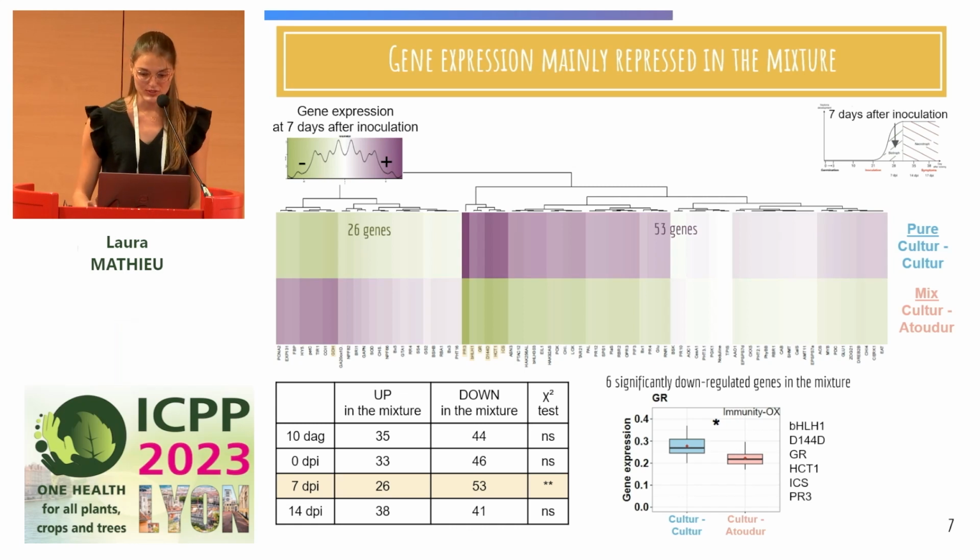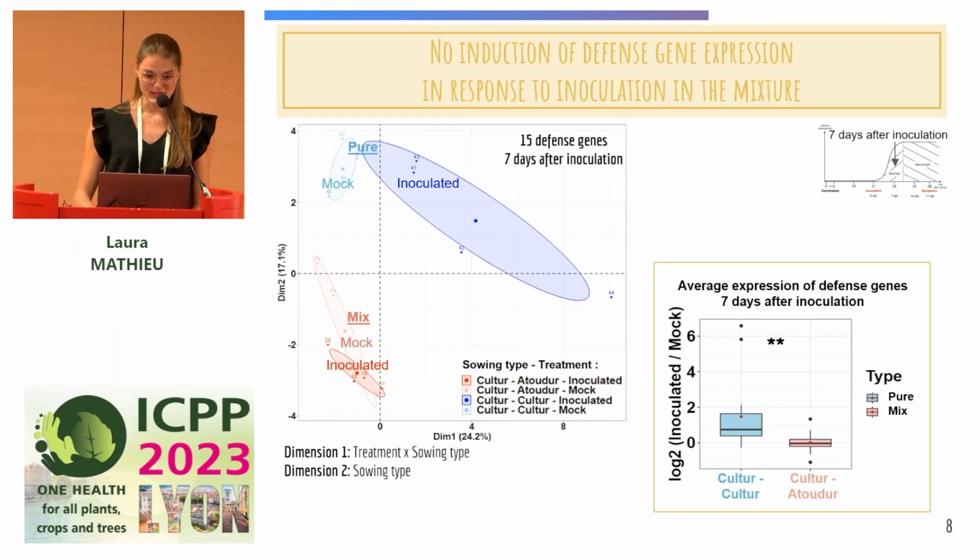We observe a massive downregulation of the genes, and this is a general response because we have a significant decrease in the gene expression in the mixture compared to the pure.